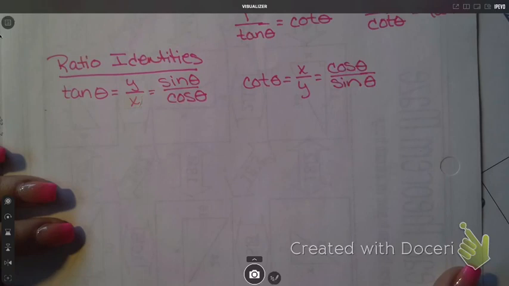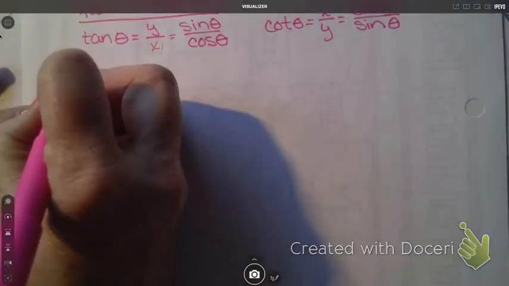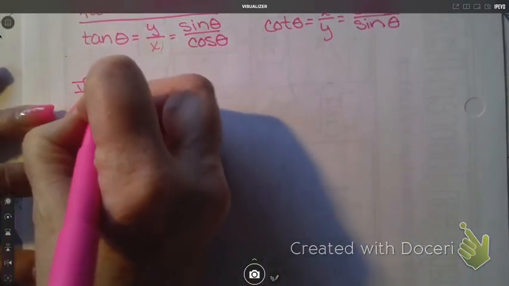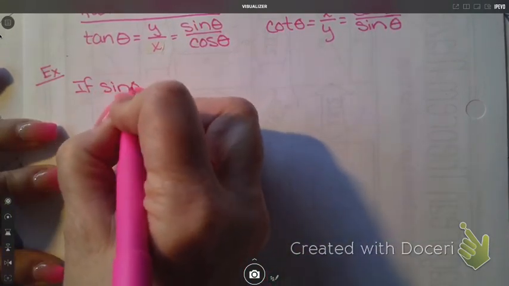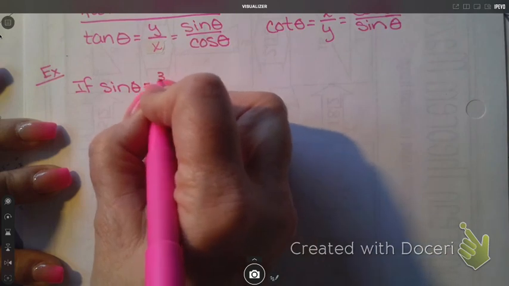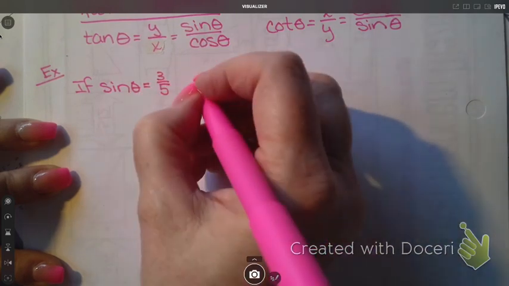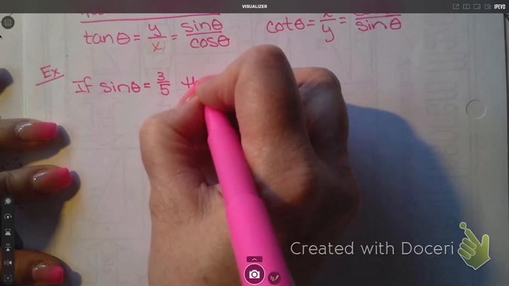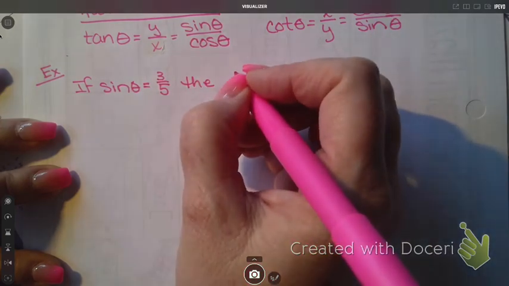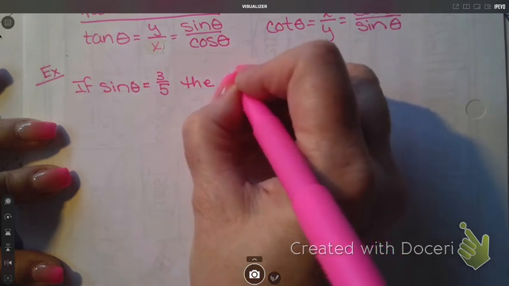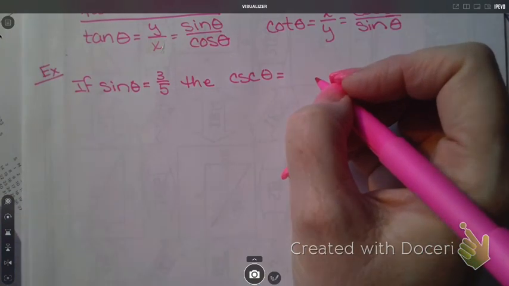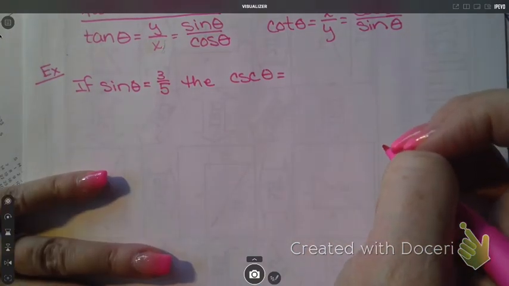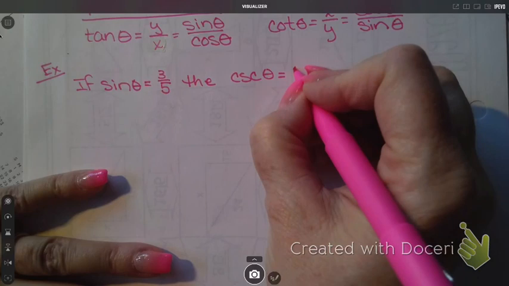Okay, so how we're going to use those today, it's going to say if sine of theta equals 3/5, then cosecant is what? 5 over 3.